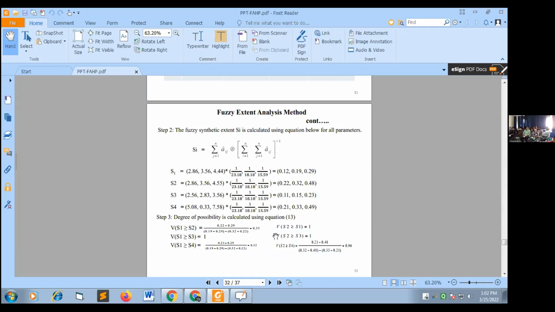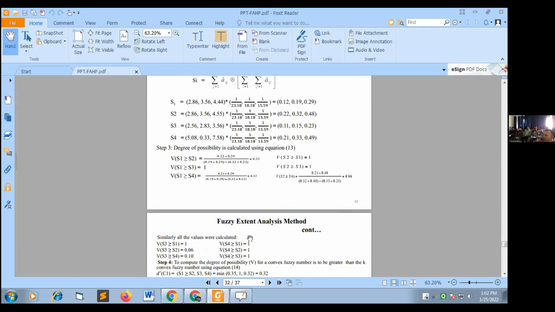The degree of possibility is calculated using equation 13. So V(S1 greater than S2), V(S1 greater than S2, S3, S4), like that. For fuzzy extent, all the values are calculated similarly with the help of this method.